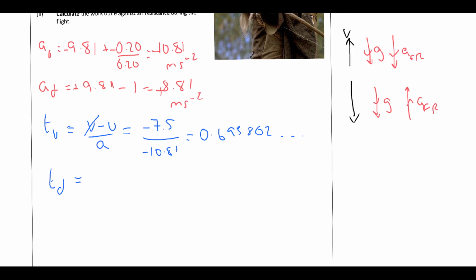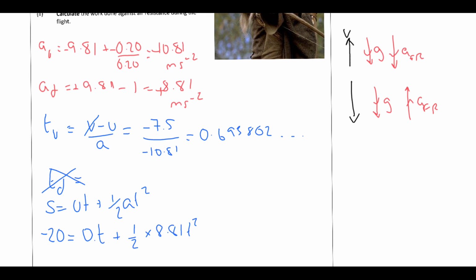The time downwards, we can't use that same equation anymore because we don't know what the final velocity is. So we're going to use our old friend s equals ut plus half at squared again. We know s is going to be minus 20 again, u is 0, and it's going to be half times 8.81 t squared.